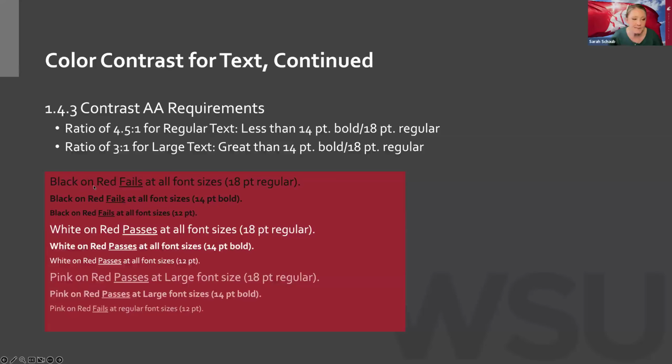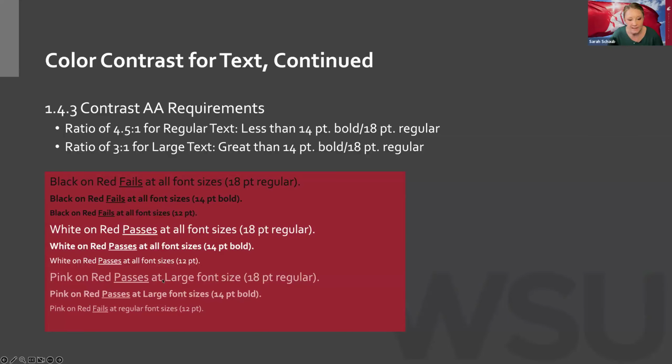So I've got some examples here. I've got black on red text. It fails at all font sizes because the color contrast ratio is not sufficient. It does not meet the 4.5 to 1 ratio that's required. White on red passes at all font sizes.